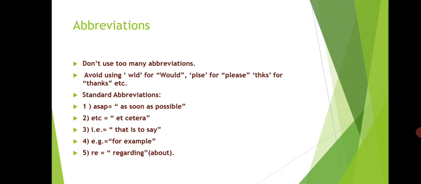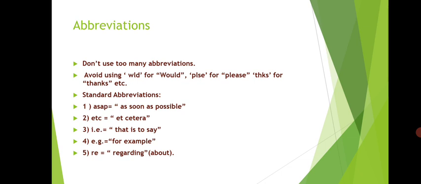If you are using too many abbreviations, the recipient can't understand what you are writing. So avoid using WLD for would, PLSE for please, THKS for thanks, etc. Because it looks like you don't bother to write words out in full. So don't use too many abbreviations.